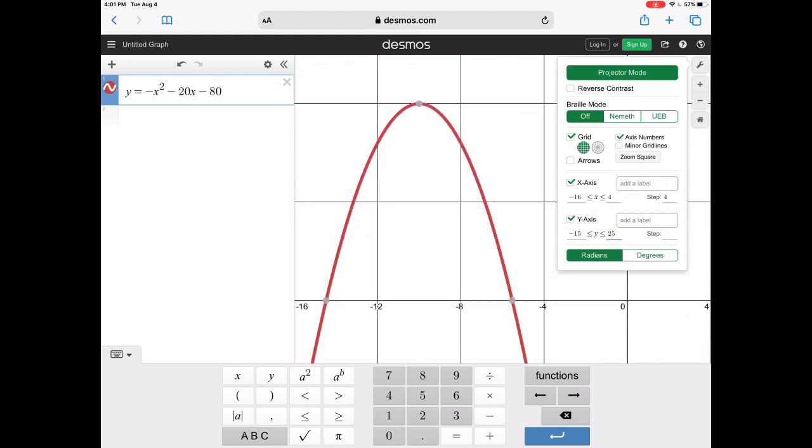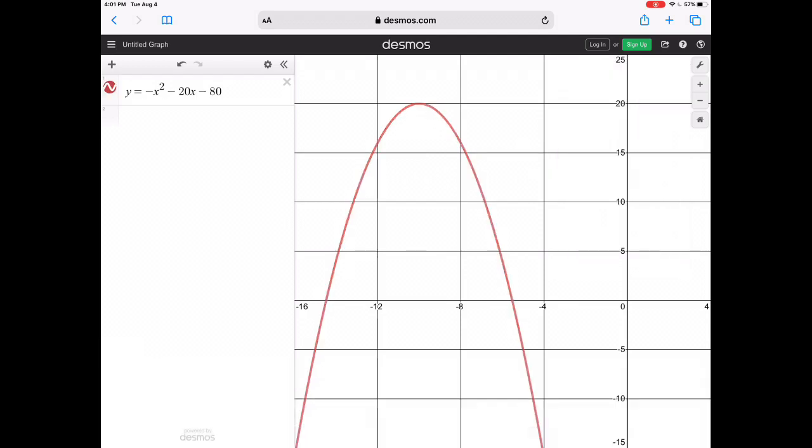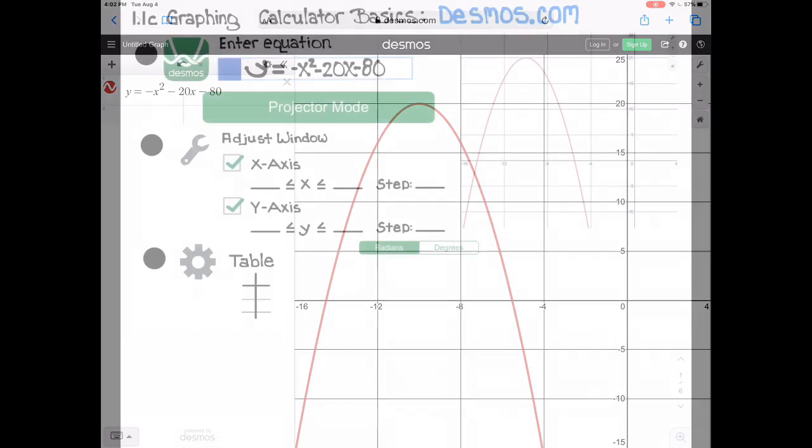Now I can see the entire parabola, but I would like to count by maybe some smaller increments. So I'm going to step by 5. If you click anywhere on this graph, then that drop-down menu disappears, and now we have a nice graph of the parabola.